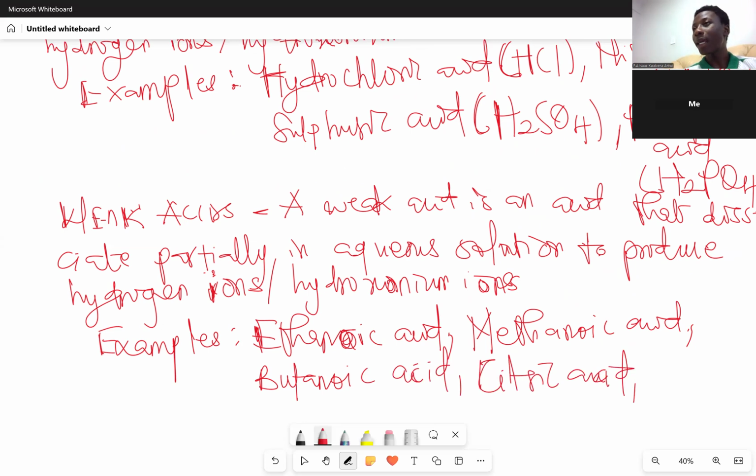Malic acid is also an acid anyway. Lactic acid is gotten from milk, breast milk. So lactic acid and what?